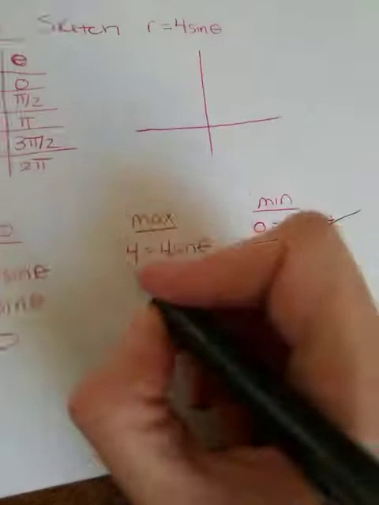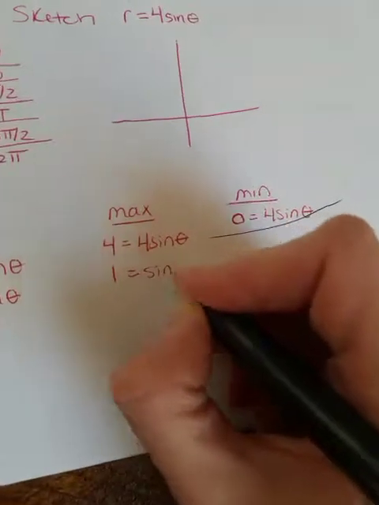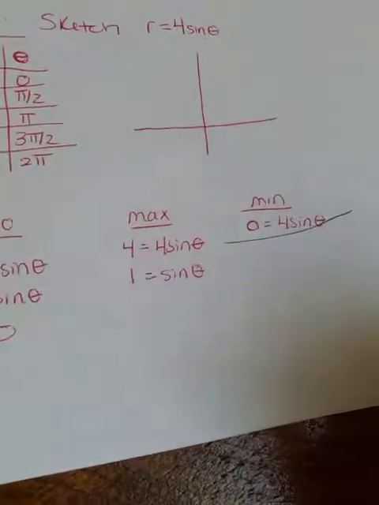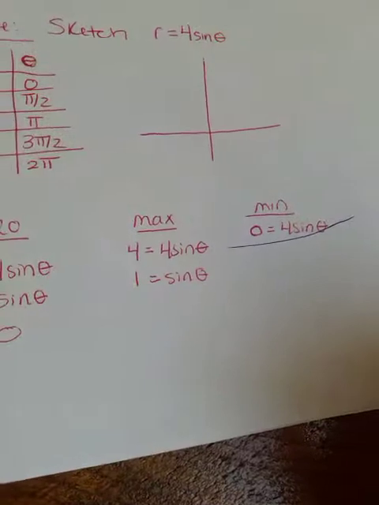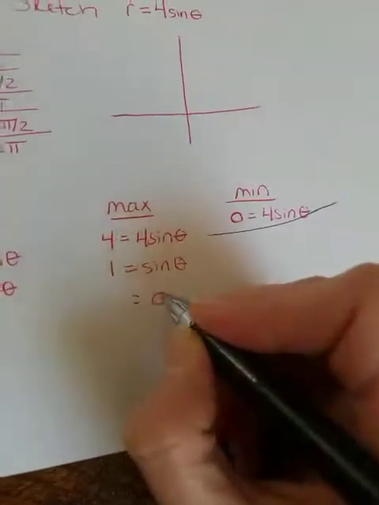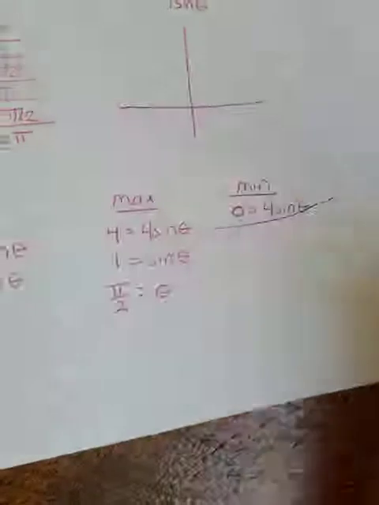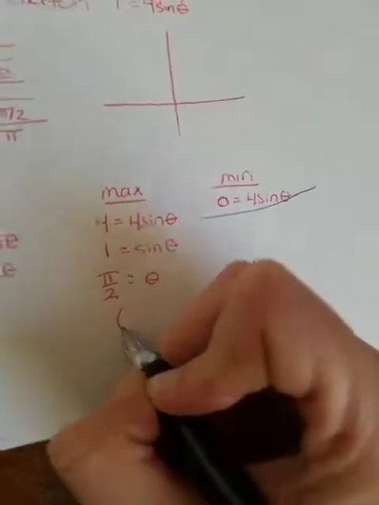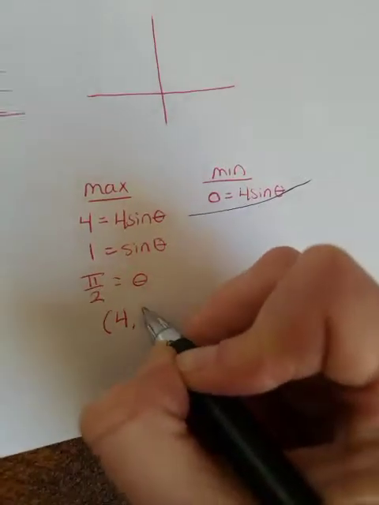So I'm really dividing by 4, I get 1 equals sine of theta. You take the sine inverse of both sides. I'm looking for the angle that gives me a sine of 1. In this case, it is pi over 2. So this is really the point for pi over 2.